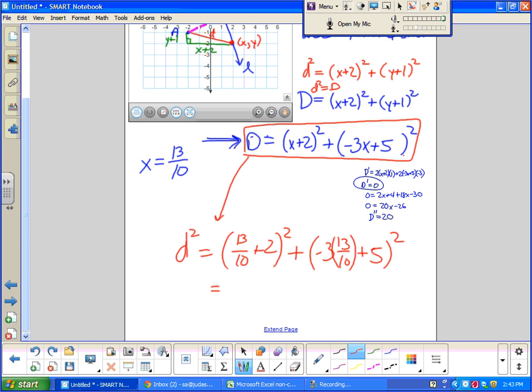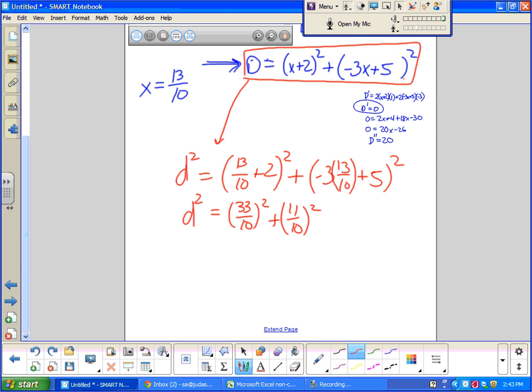If I do the math here, I get 33 tenths squared plus negative 39 tenths plus 50 tenths. That's 11 tenths squared, and that's going to be equivalent to d squared.